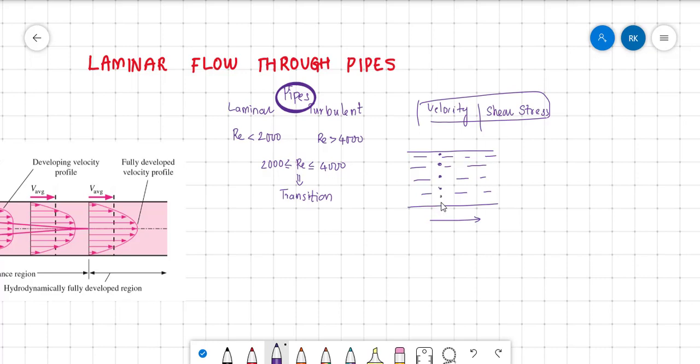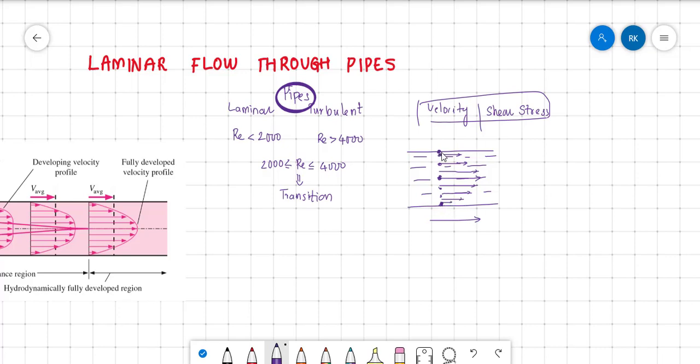At the wall there will be no velocity, and at the center there is maximum velocity. Here there will be some less velocity, here some more, and here some more. The velocity distribution will be in this way.